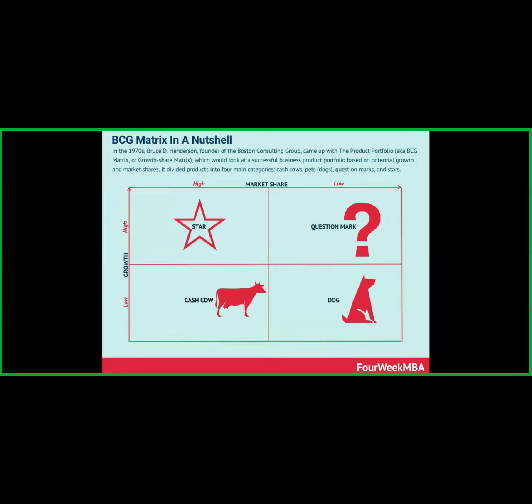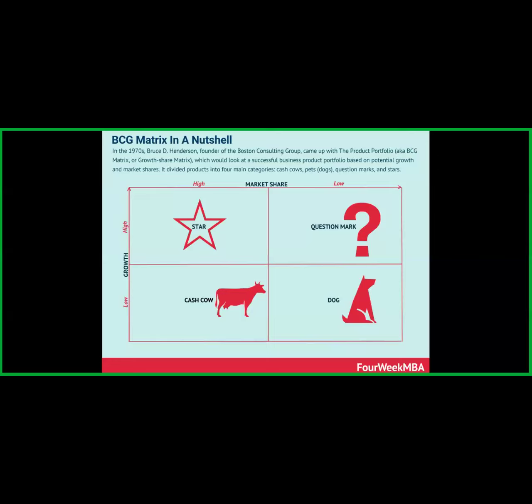So this particular BCG matrix revolves around the market share of an existing company and what the growth opportunities are in that particular market.